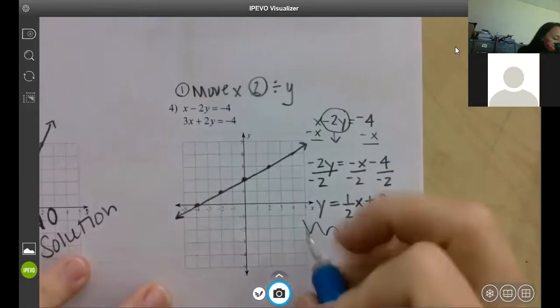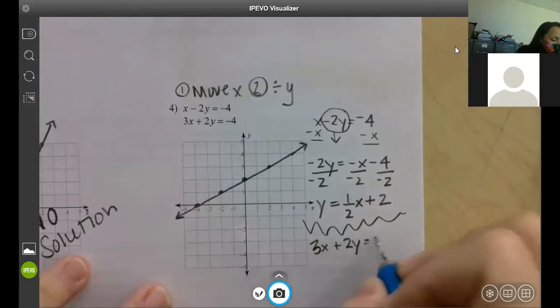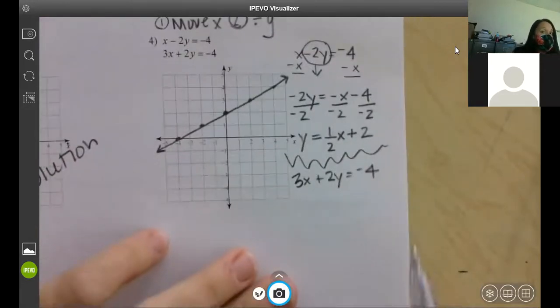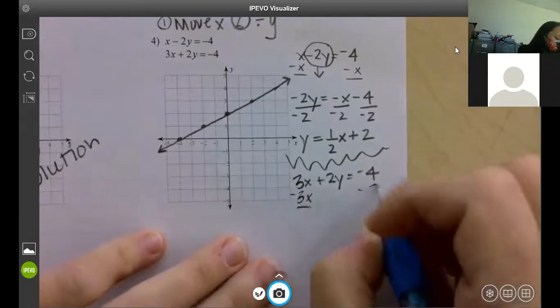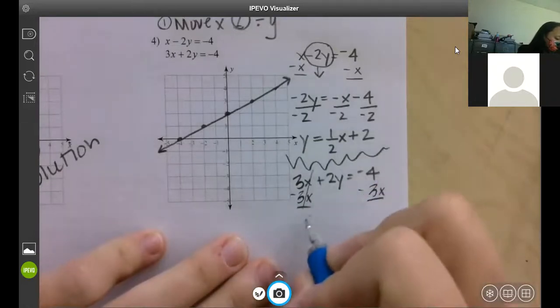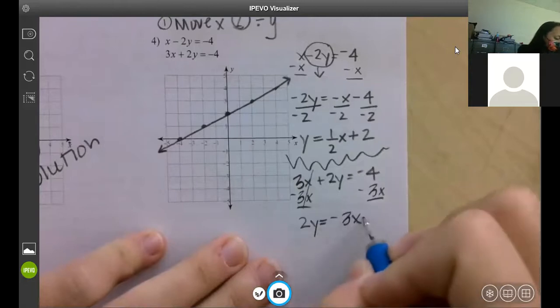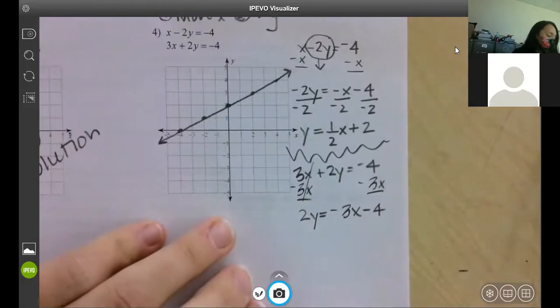I'm going to solve the second one. What do I do to solve it? You're right. Minus 3x. Bring down your whole 2y equals a -3x and a -4. Last step to solve for y.